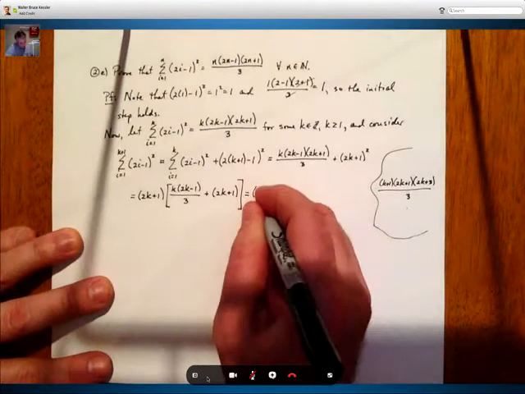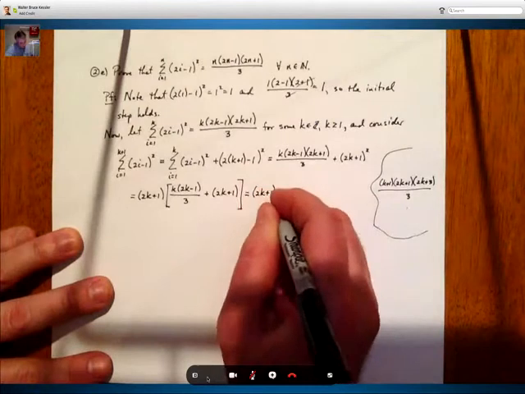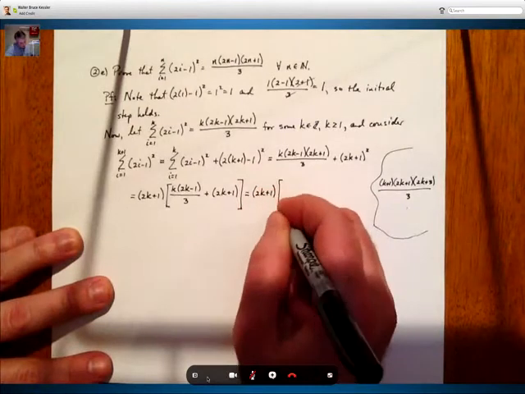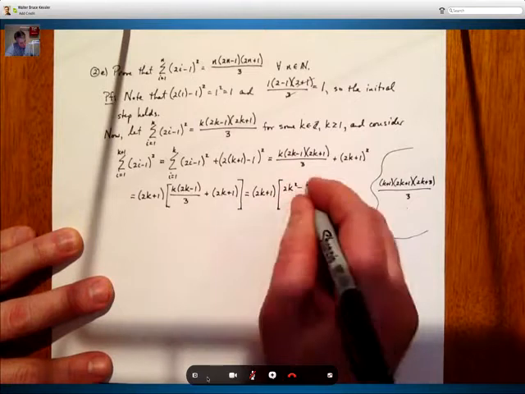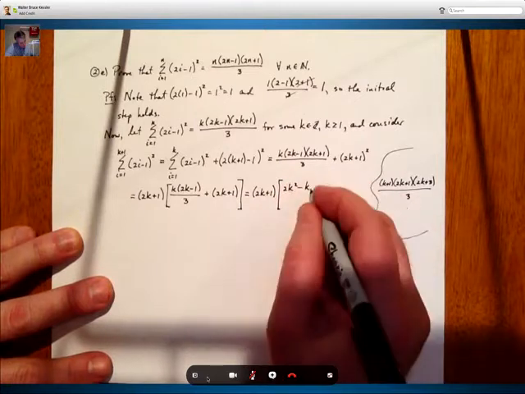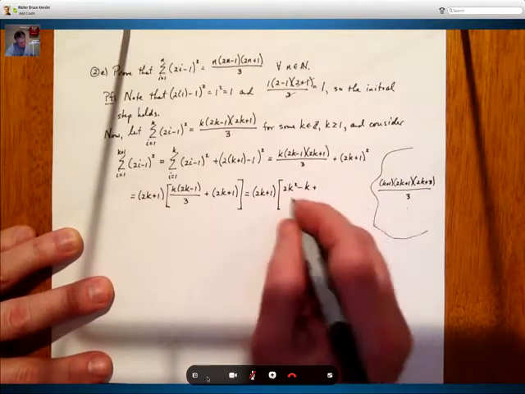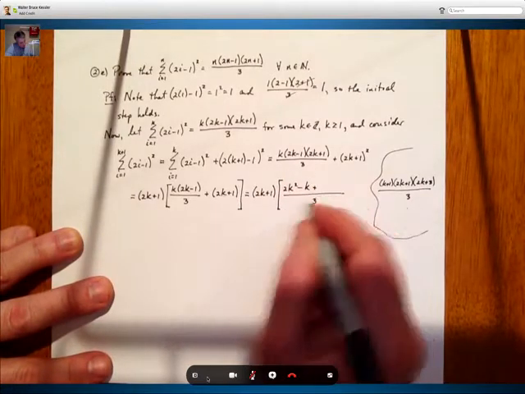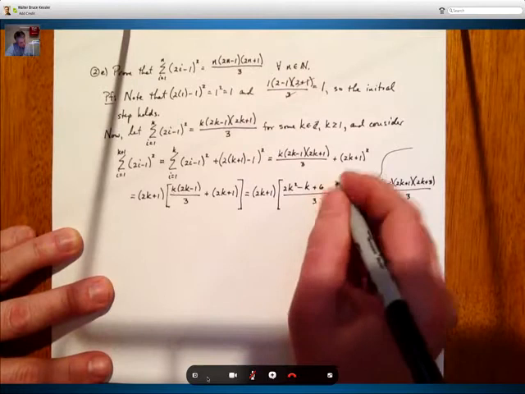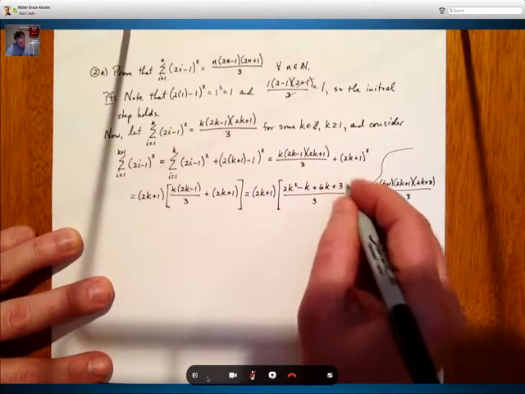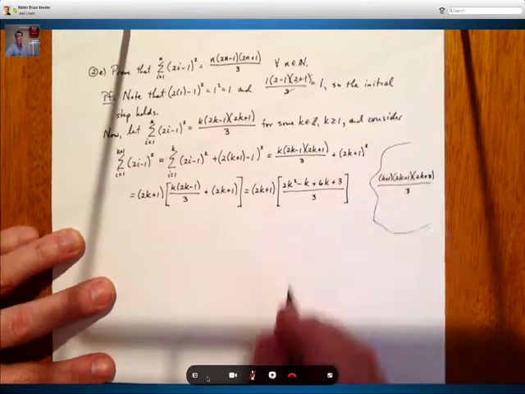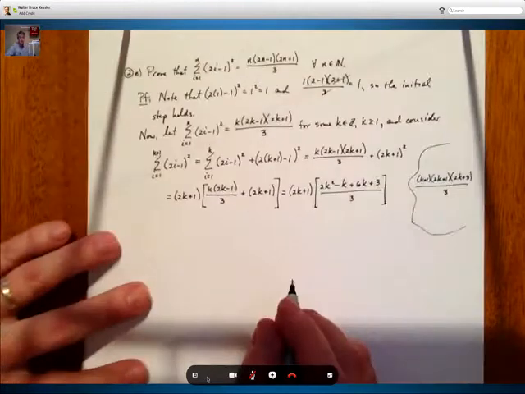We need to get a common denominator of 3. K squared minus k, and then plus, if we're getting a common denominator of 3, I have to multiply this by 3. So plus 6k plus 3.